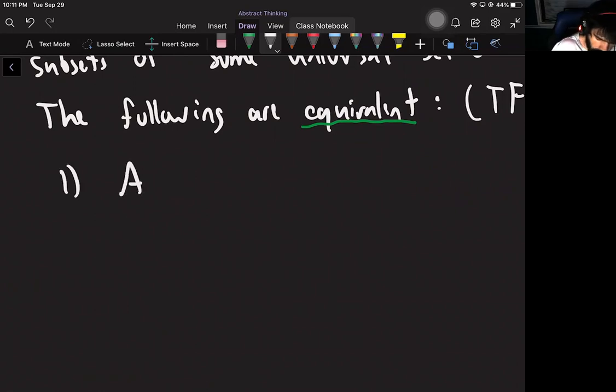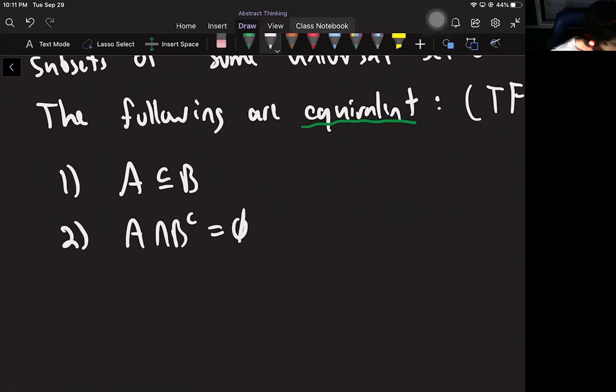So A being a subset of B is logically equivalent, the same as saying that the intersection of A and B complement is empty. Sorry, not empty. And 3, that the union of A complement with B gives you the whole set.